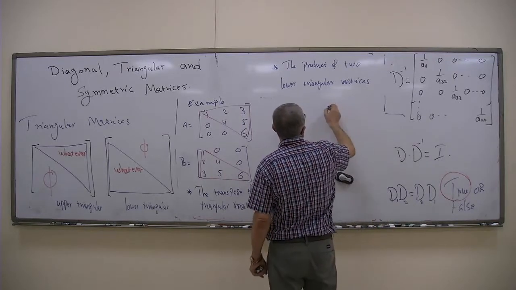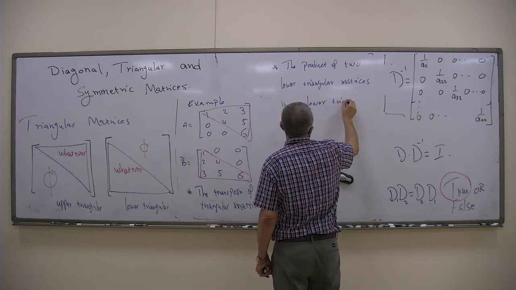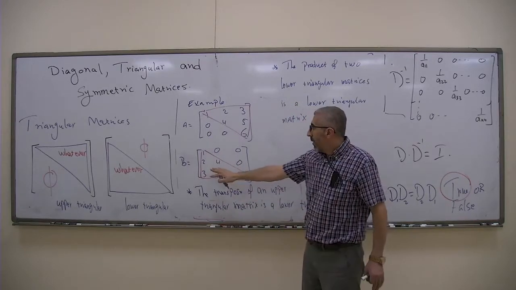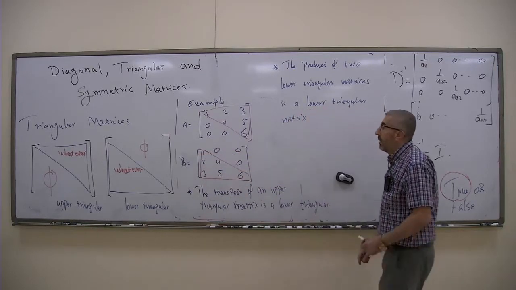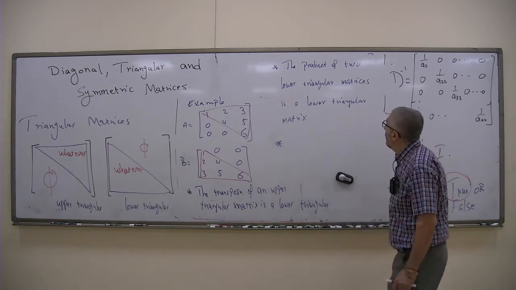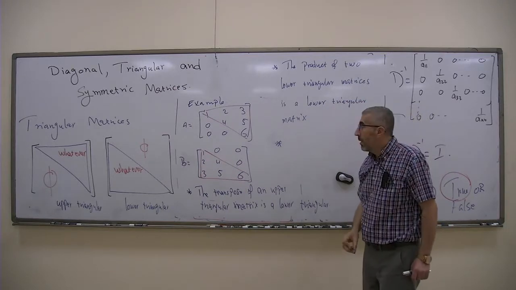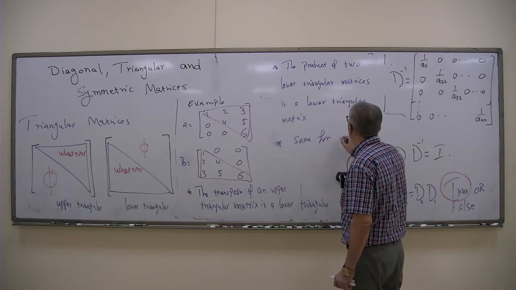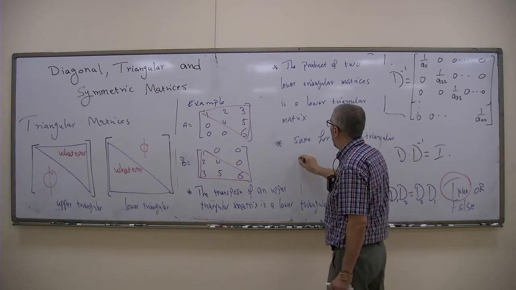The product of two lower triangular matrices is a lower triangular matrix. Write two lower triangular matrices and multiply. Look, when you multiply, what do you get? You get a lower triangular matrix. Similarly, if you do the product of two upper triangular matrices, it is going to be an upper triangular matrix. So the same thing is true for upper triangular matrices.